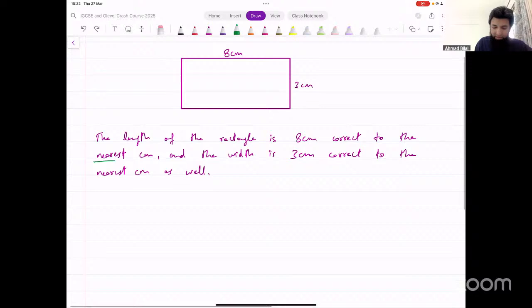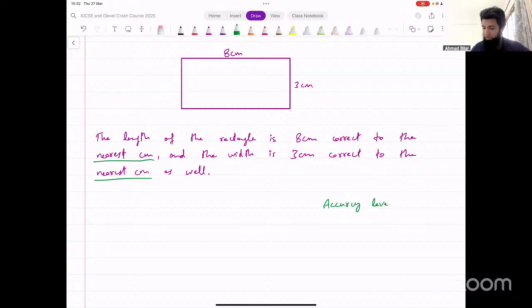This is basically the accuracy level for your measurement. So the accuracy level of this measurement that they've given is nearest 1 centimeter.